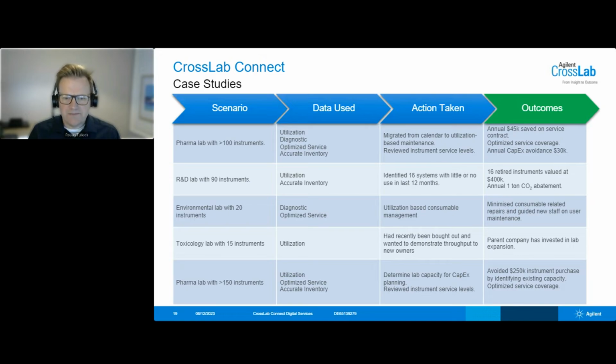But it's not all about savings and sustainability. For example, on the fourth row there, you've got a toxicology lab with 15 systems. They were an independent lab that had been bought out by a much larger company, and they were worried that they were going to be shut down because they were too small and they weren't doing enough. So they started measuring utilization and reporting that to their parent company, and that was so successful they've actually expanded.